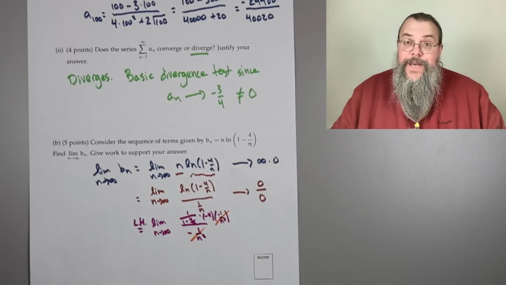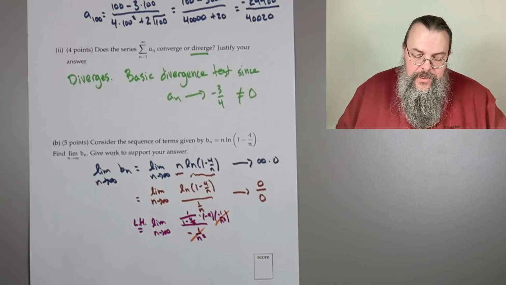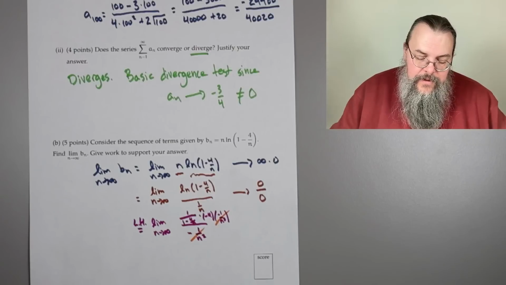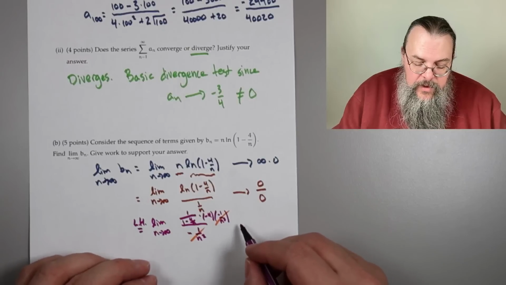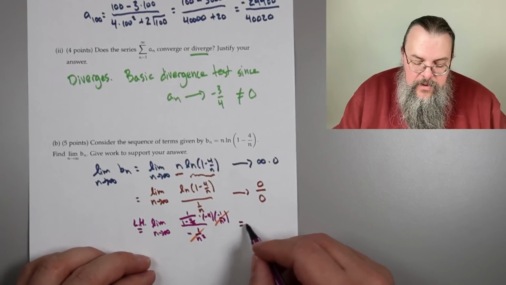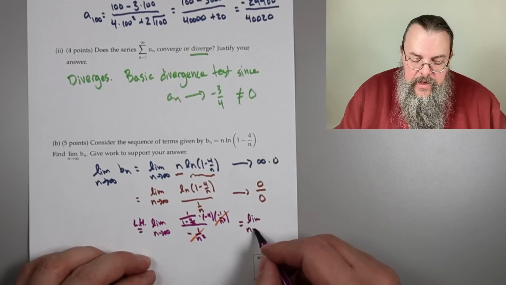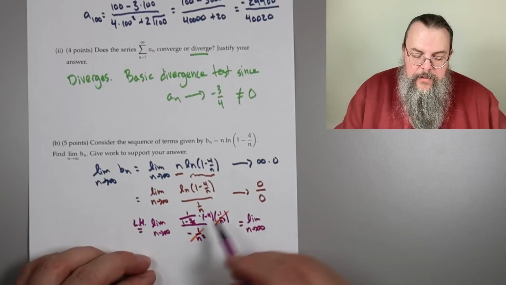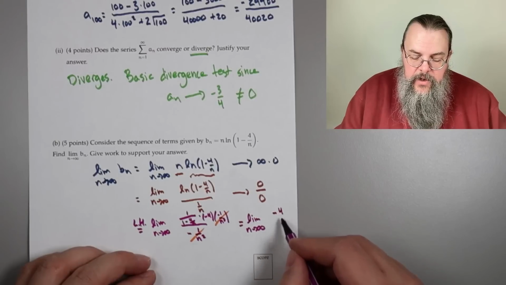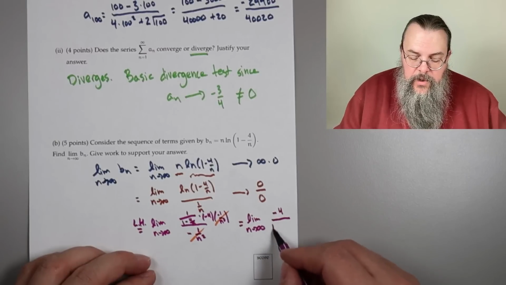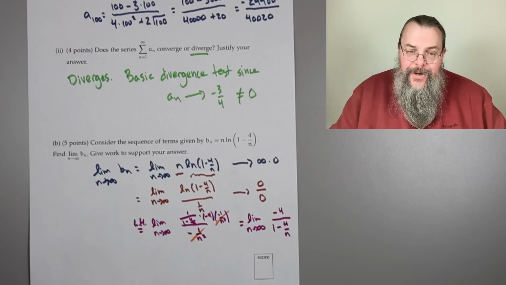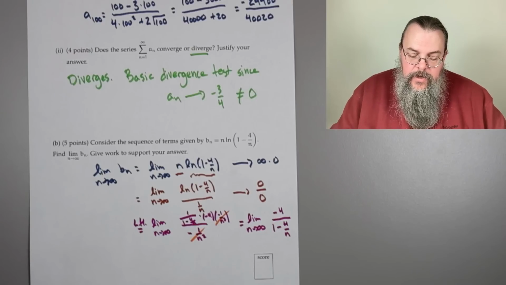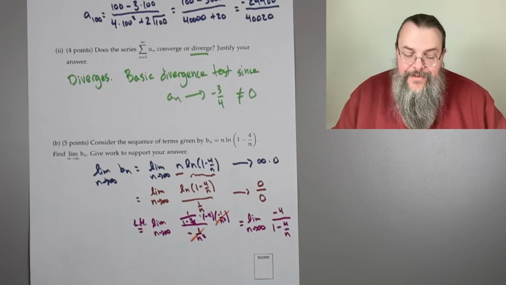Okay, now what do we have at this point? Well, we have the following, and this is equal to the limit as n goes to infinity of minus 4 over 1 minus 4 over n. All right? And, okay, great. Well, what happens?